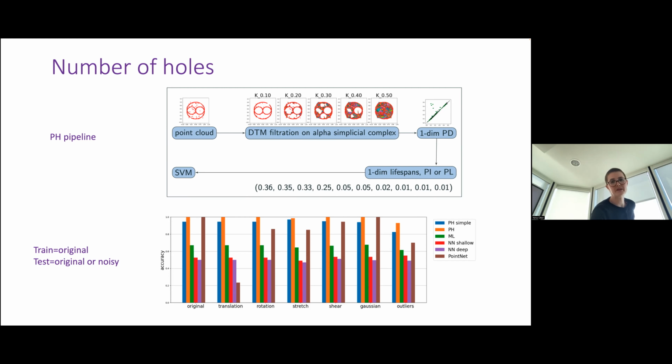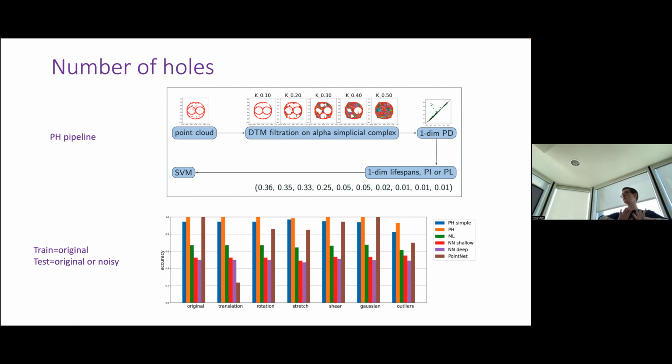We compared this persistent homology pipeline with some machine learning pipelines. Here the most interesting one is PointNet. This is a neural network that is considered to be state of the art for studying point clouds, and takes the raw point cloud as input and uses some convolutional layers to study specific properties.